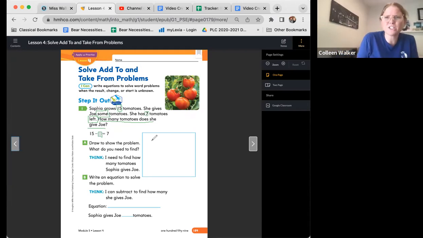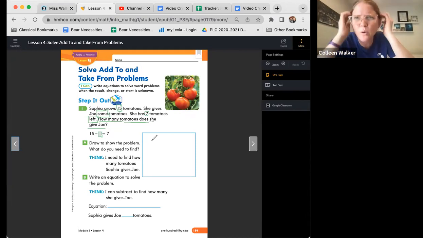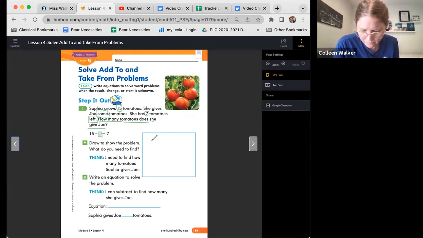So before we do it, I thought I could ask you a couple quick questions. What information are you given to help you solve this problem? Yeah, that Sophia grew 15 tomatoes and she has 7 left after she gave some away. What information is missing? What do we need to figure out? Yes, how many did she give to Joe? That's so important.